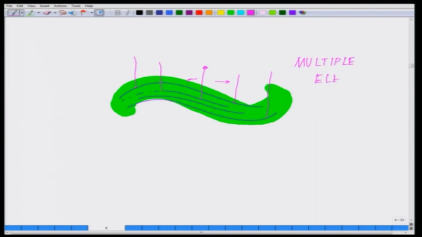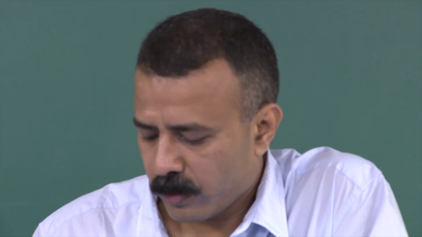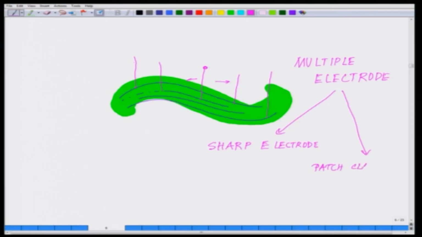and you can even do two kinds of recording here. You can do a sharp electrode recording, which I have already talked about, and you can also do something called patch clamp recording.